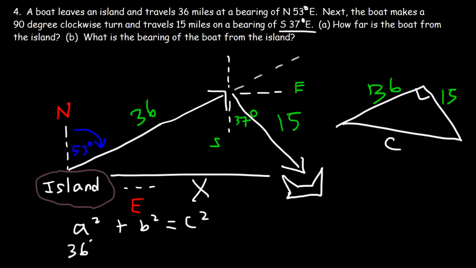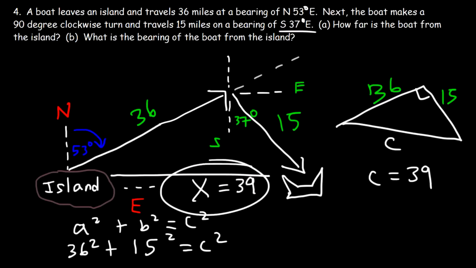So 36 squared plus 15 squared is equal to c squared. 36 squared is 1296. 15 squared is 225. If you add them, you get 1521. And the square root of 1521 is 39. So that's how far the boat is from the island. It's 39 miles from the island.